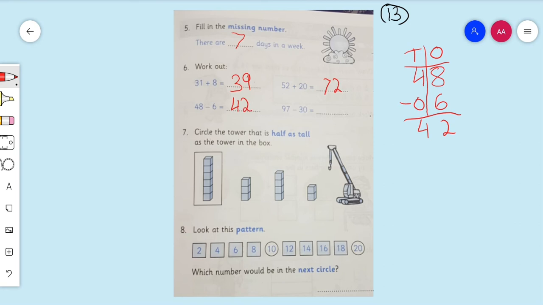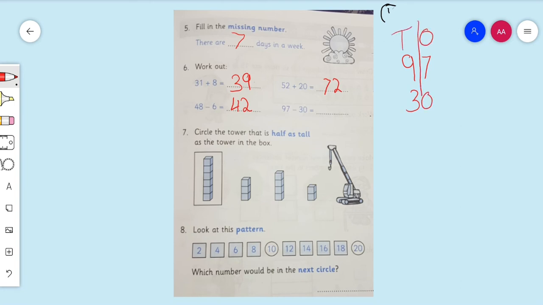Okay, now let's do 97 take away 30. We can do the same method. 97 is the bigger number, so it goes up, and then the smaller number is 30. Tens and ones.